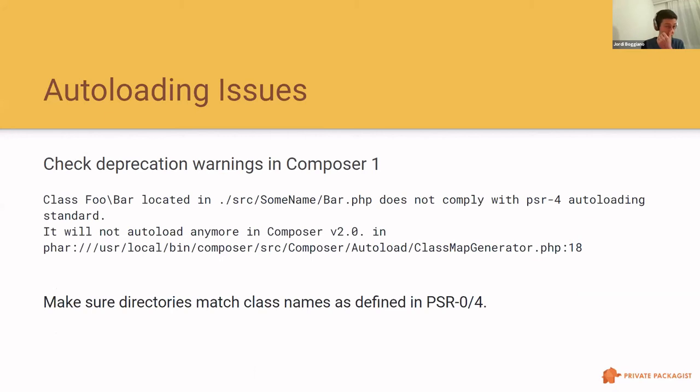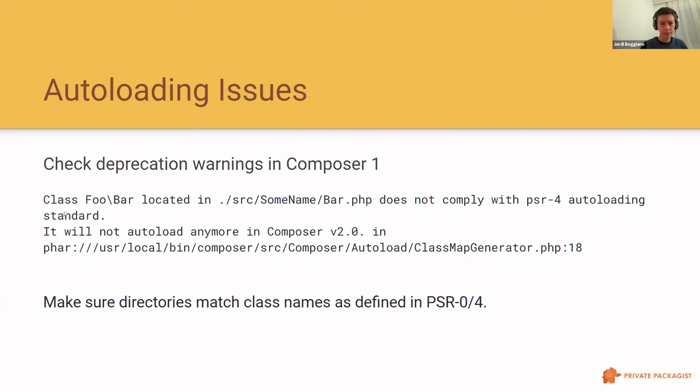If you experience autoloading issues, like we added these warnings in Composer 1 probably one or two years ago, I don't remember. I know some people have been ignoring them religiously. So now it means that the warnings will actually apply, and these files will not be autoloadable anymore.